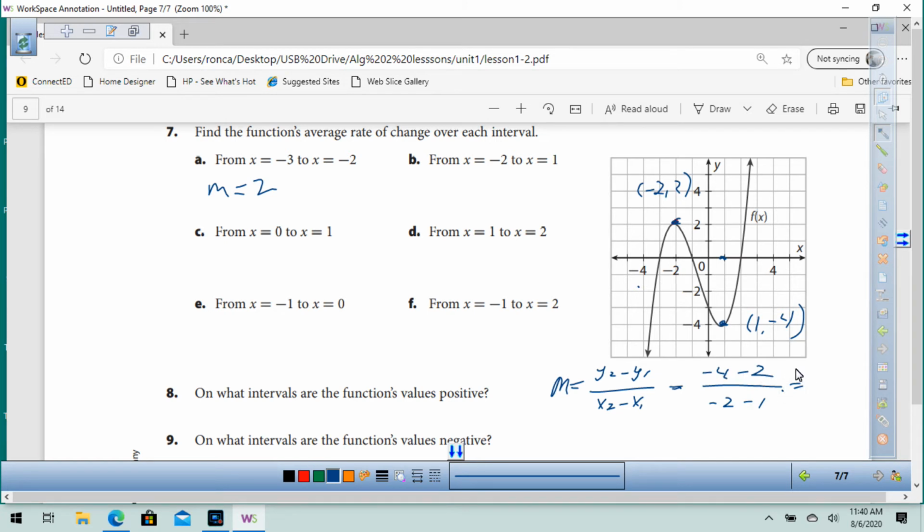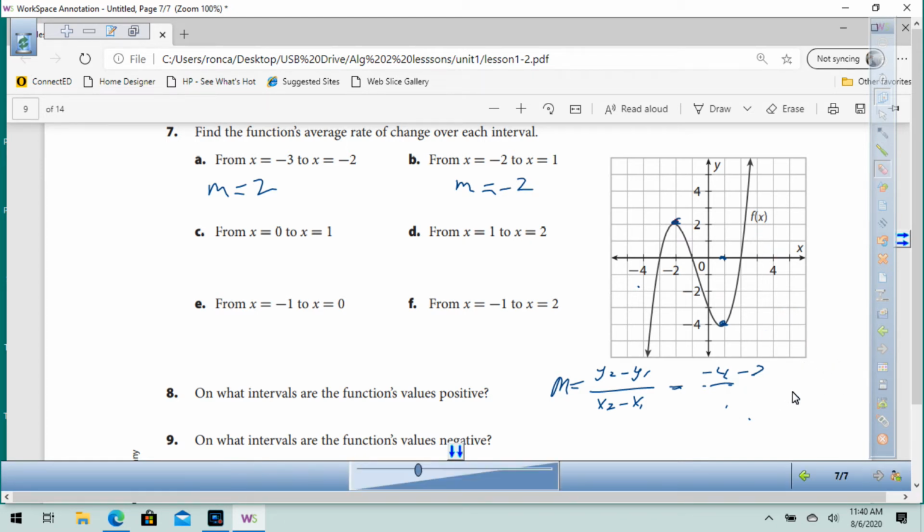So negative 4 minus 2 is negative 6 over negative 2 minus 1. Oh, I did that wrong. That's 1 minus negative 2. And that's going to give you 3. So m is going to equal negative 2.